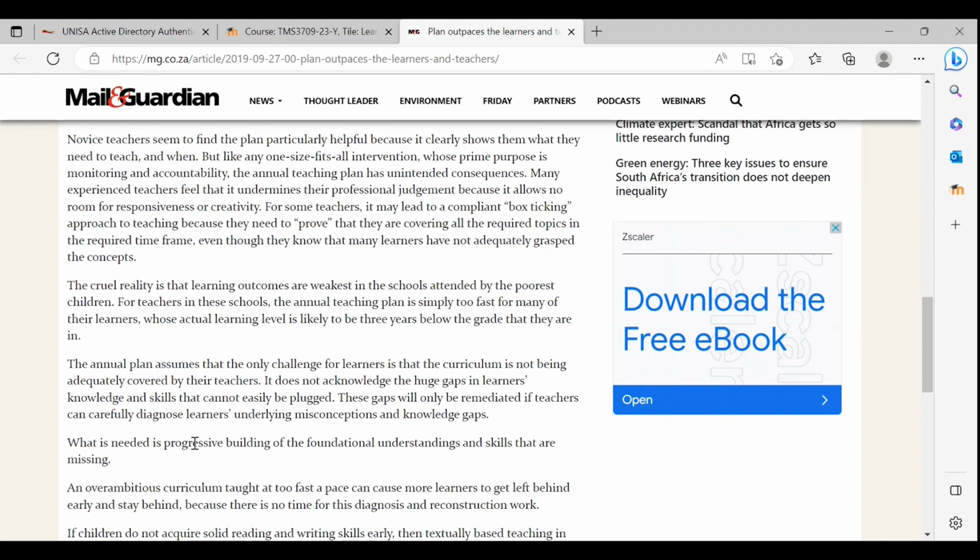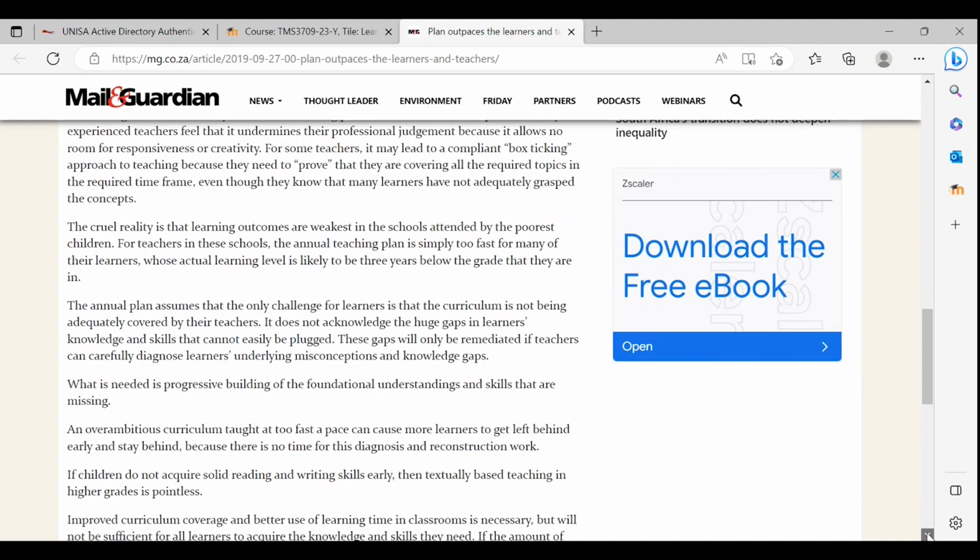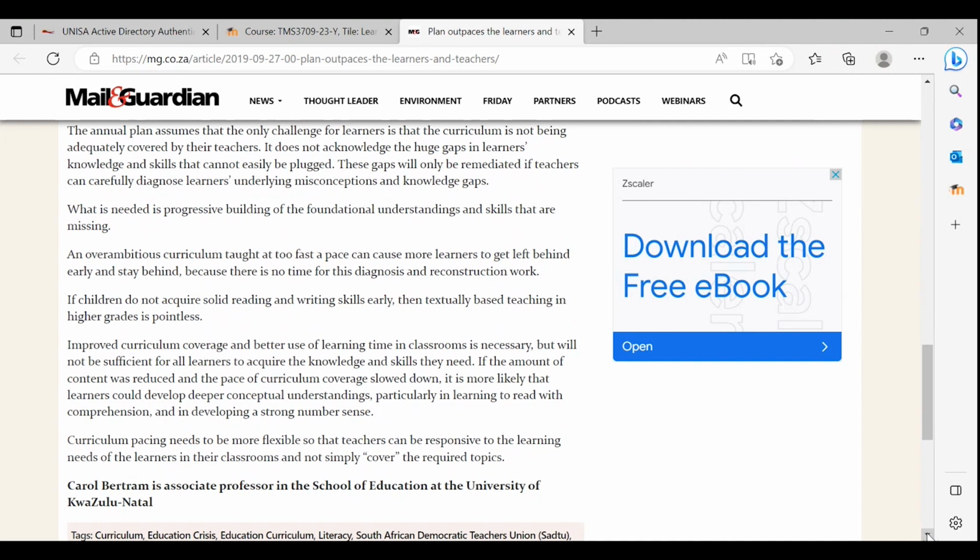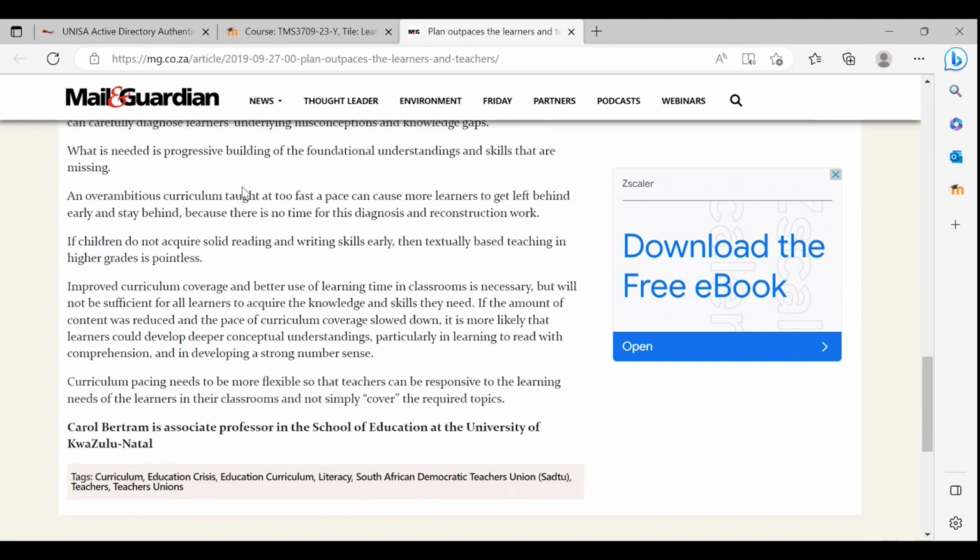What is needed is progressive building of the foundational understandings and skills that are missing. An over-ambitious curriculum taught at a fast pace can cause more learners to get left behind early and stay behind because there is no time for this diagnosis and reconstruction work.